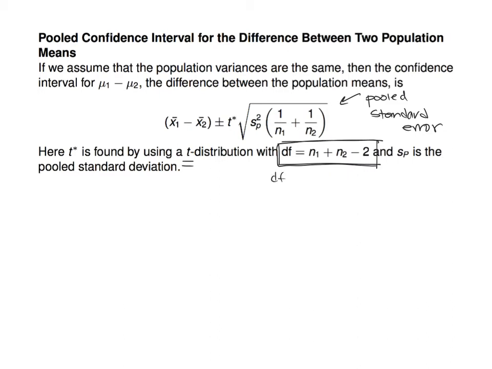It comes from n1 minus 1 plus n2 minus 1, and that's where the minus 2 comes from. The advantage is that larger df implies smaller t star, which implies a narrower interval.